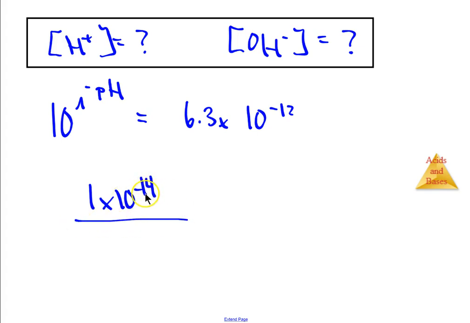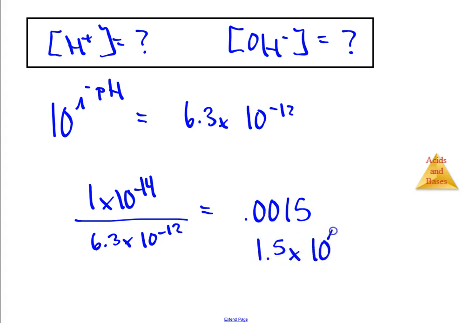And I'm going to divide it by my H plus value, which I just found right here, 6.3 times 10 to the negative 12. That's a lot of typing, but it's okay. So 0.0015, if you wrote that in exponential notation, it'd be 1.5 times 10 to the negative, and then you would just count over 1, 2, 3. Either way is fine, by the way.